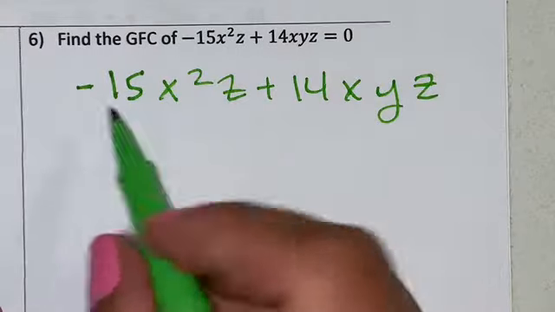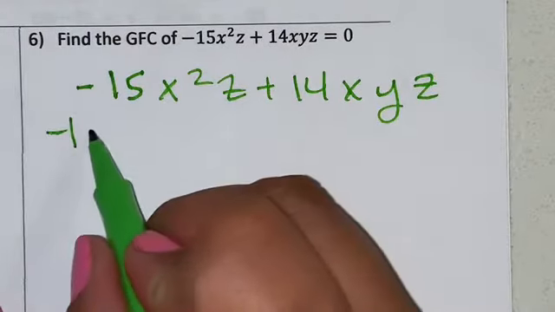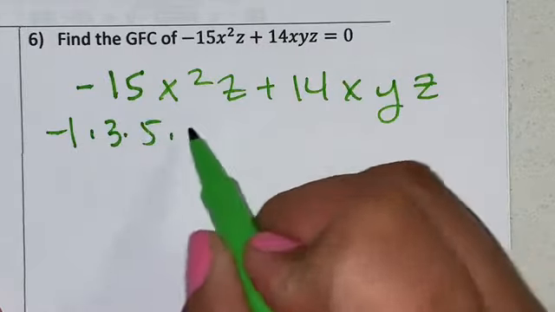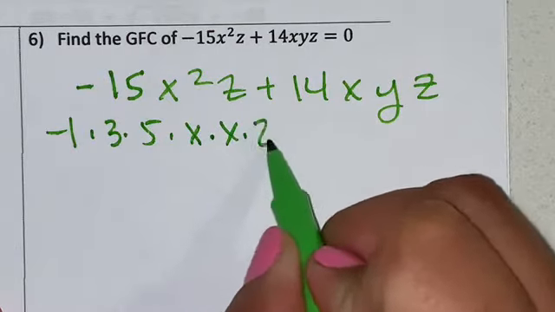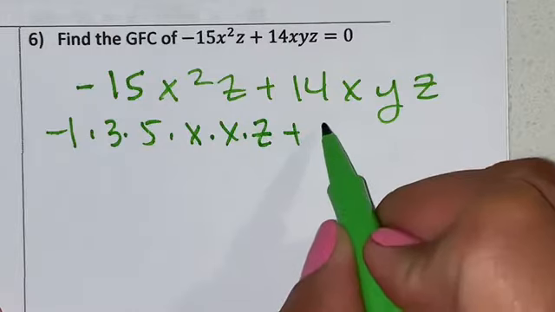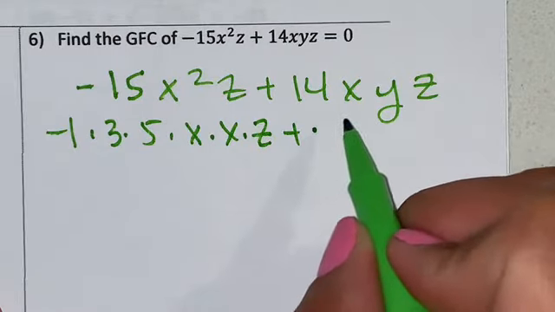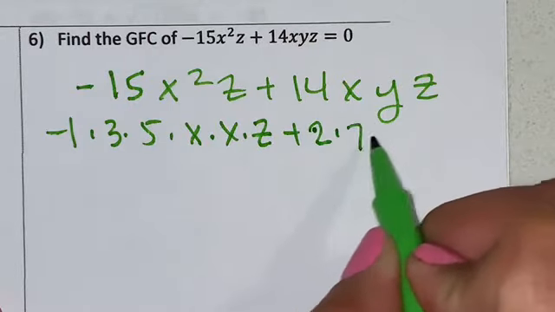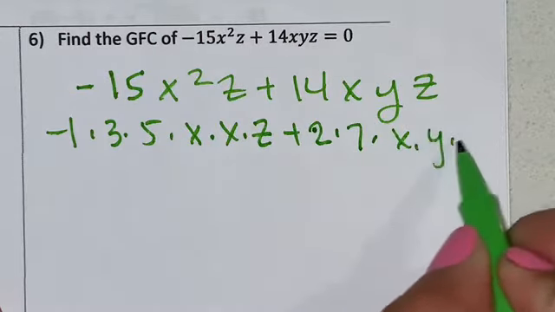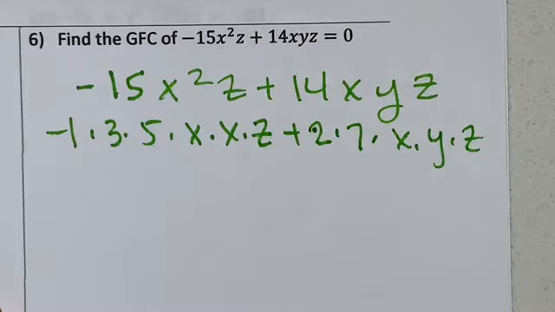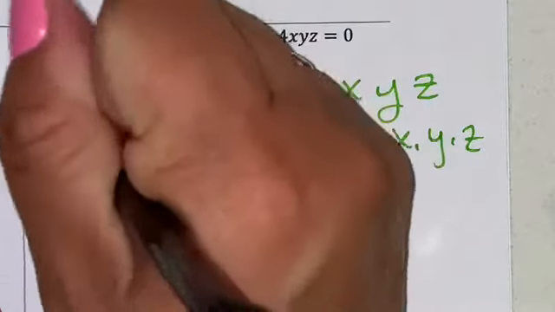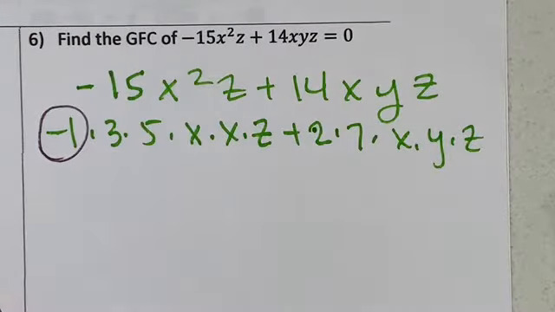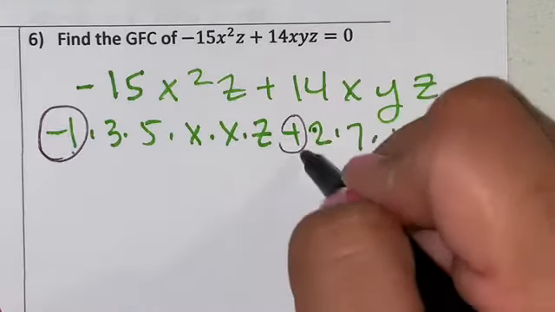I'm going to factor the first one, so I get negative 1 times 3 times 5 times x times x times z, plus 2 times 7 times x times y times z. This one is tricky because the first thing you for sure have to factor out is a negative 1. When you factor out a negative 1, you're going to get a sign change.